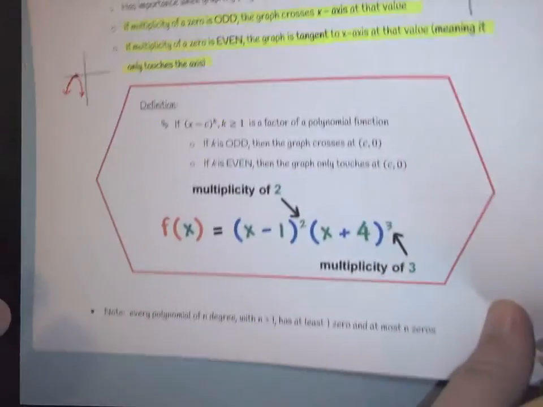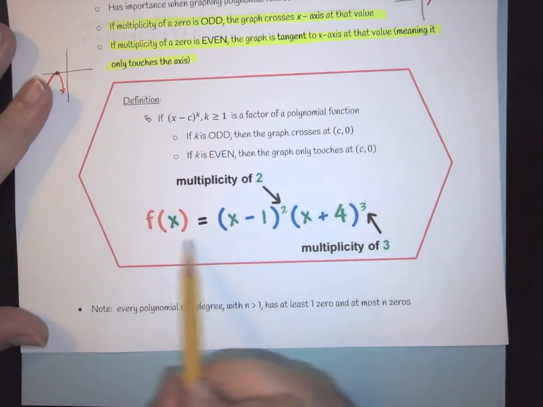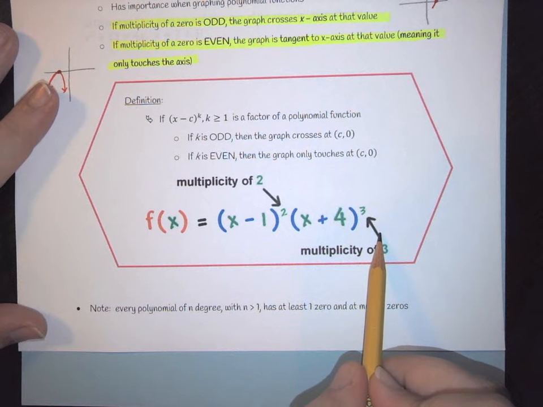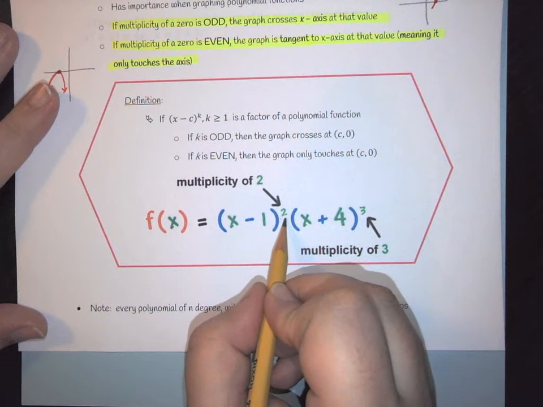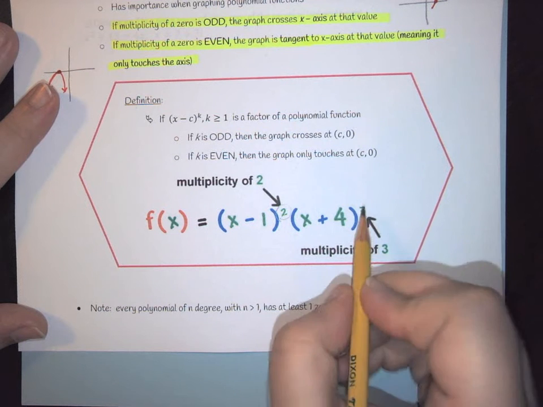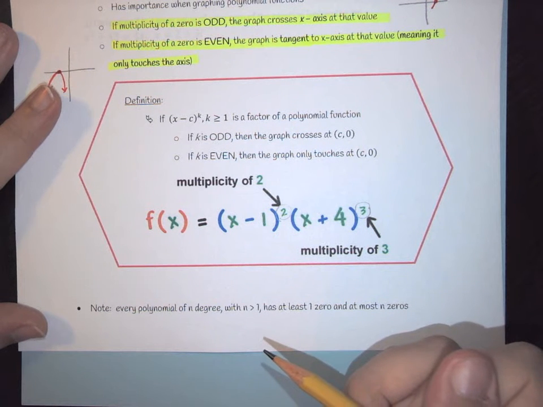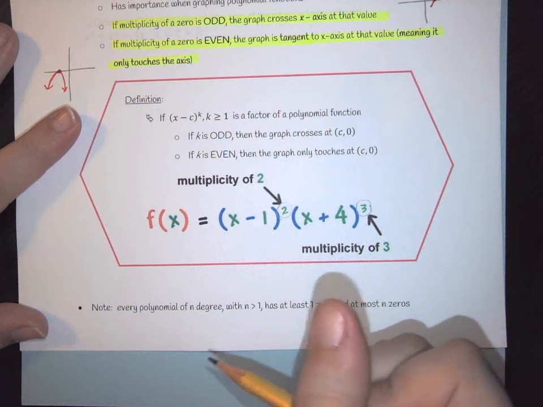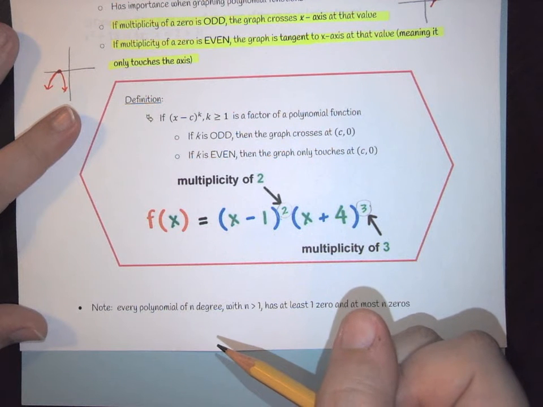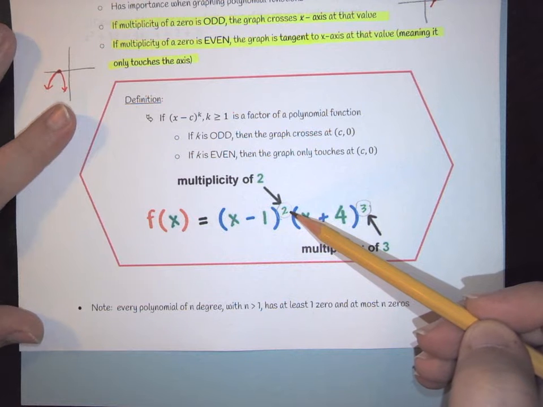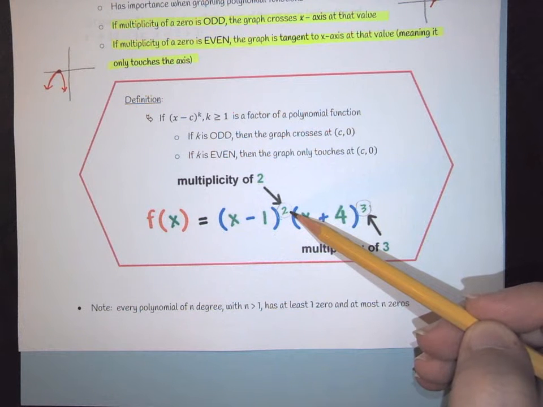So when we're looking at your functions or your equations, your degree here tells you the multiplicity. So here, when we're talking about your factor, again, remember we're talking about x minus c. The power of that factor tells you how many times it occurs.